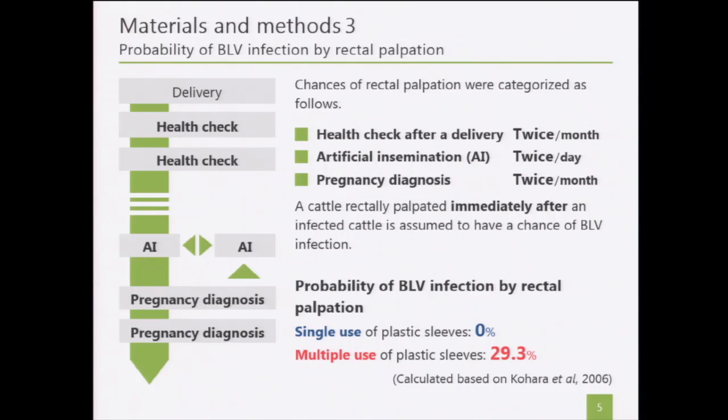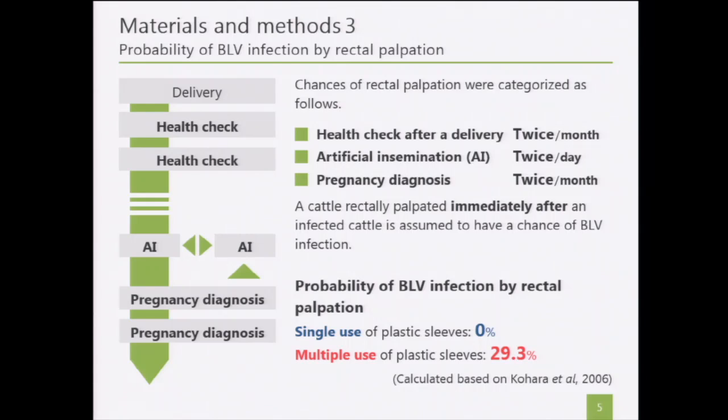If the cow was diagnosed as pregnant in the first pregnancy diagnosis, a second pregnancy diagnosis was conducted the next month. If the cow was diagnosed as non-pregnant, artificial insemination was conducted again. And 1 and 2 months after the deliveries, health checks were done.